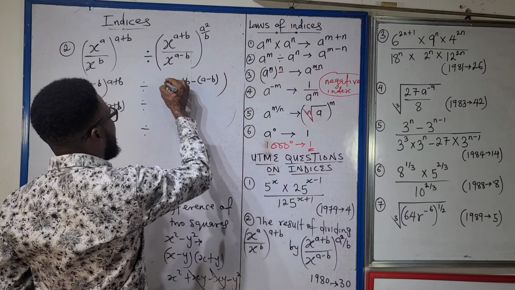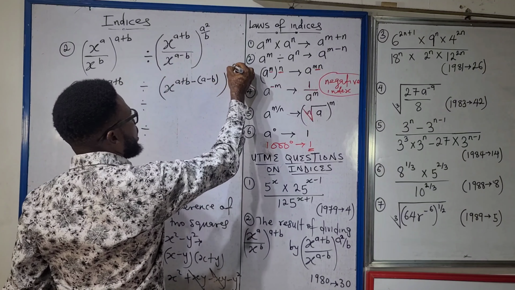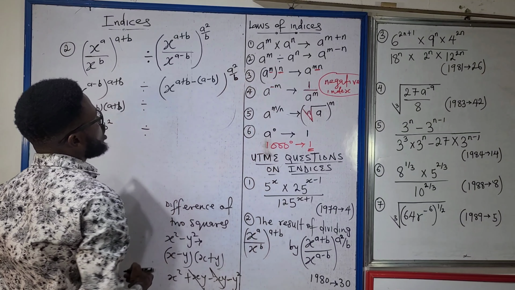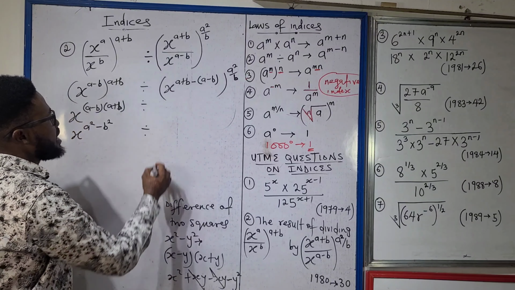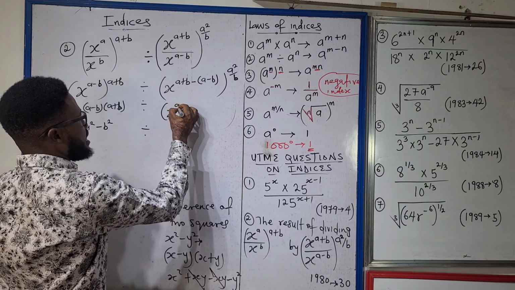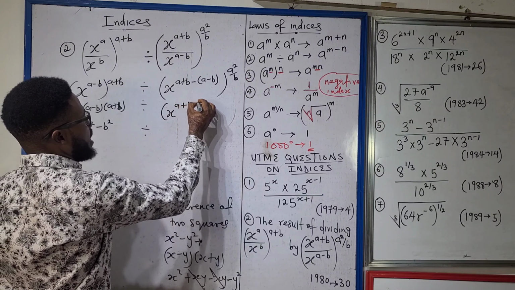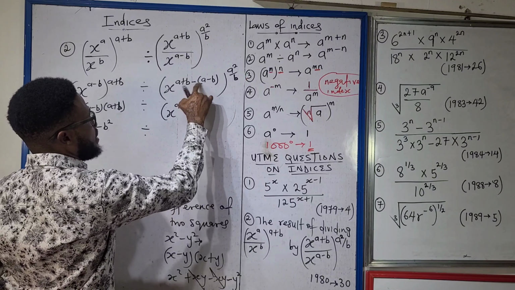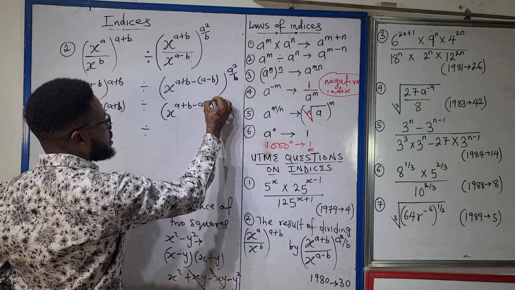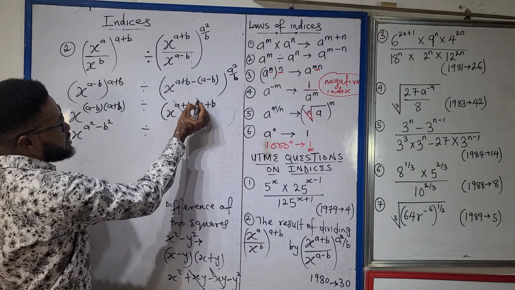All raised to the power a squared over b. So what this means is that x raised to the power a plus b minus a, minus times a is minus a, minus times minus b is going to give you plus b, plus b. So in this case, plus a minus a, this goes out.